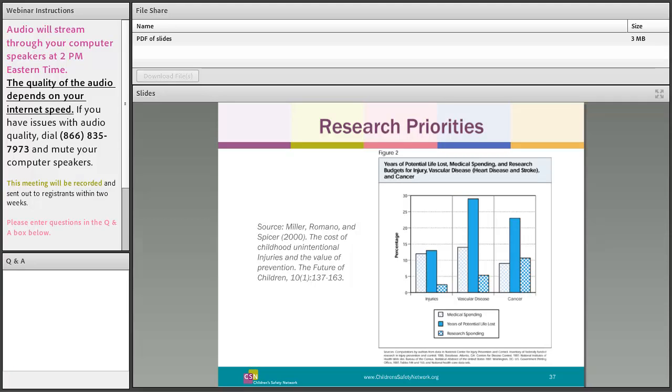I think that if we looked into the literature, we would see that alcohol-involved injuries are generally more severe than non-alcohol-involved injuries, so that adds a whole other complexity to it.